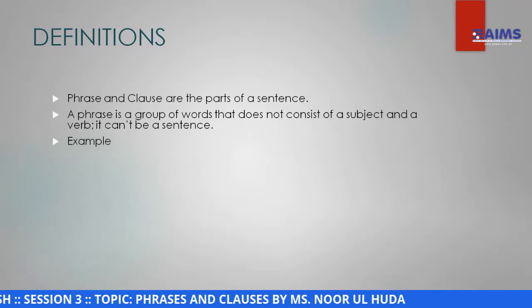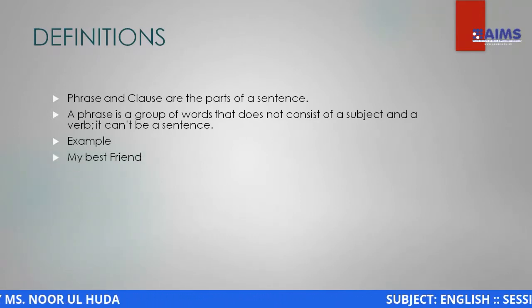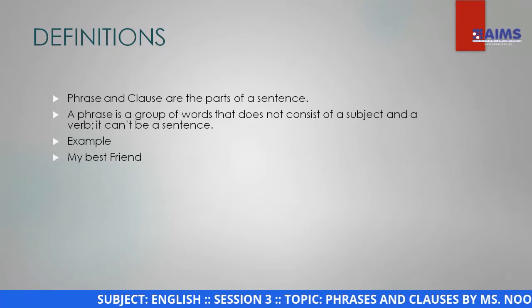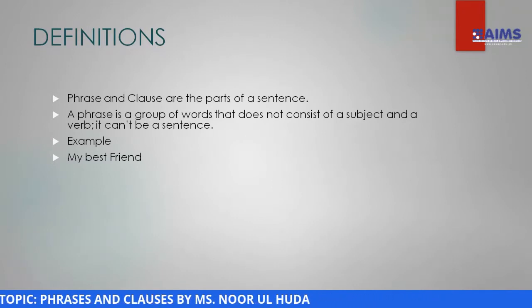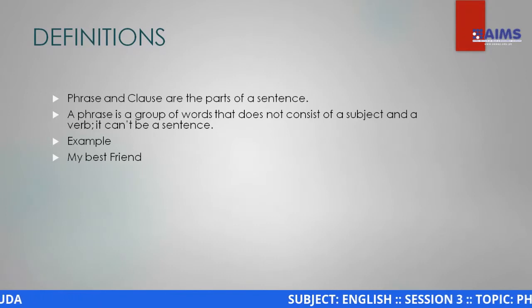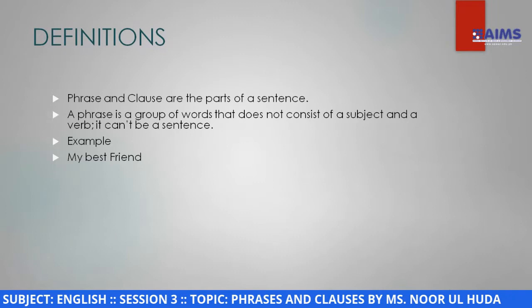For example, my best friend. My best friend actually has a possessive pronoun and the noun best friend. So it does not have a verb here, so it would be called a phrase. And it cannot stand as a lone sentence, meaning it cannot give the proper meaning of a sentence.